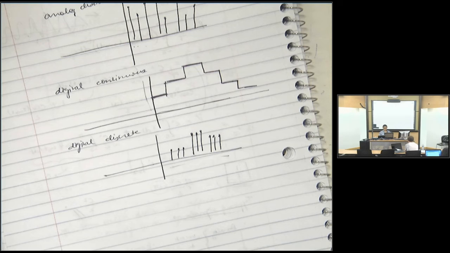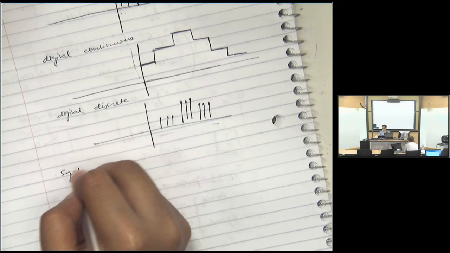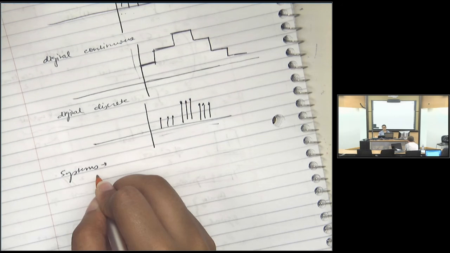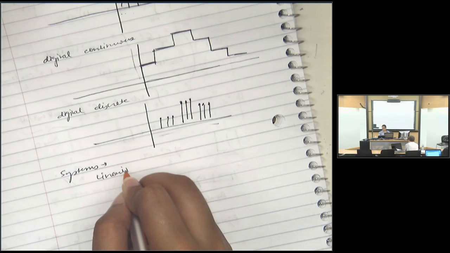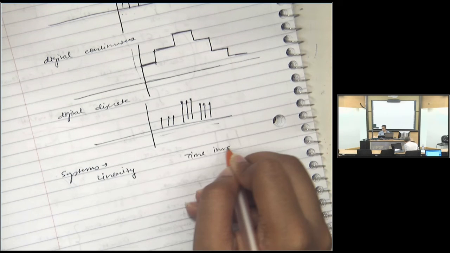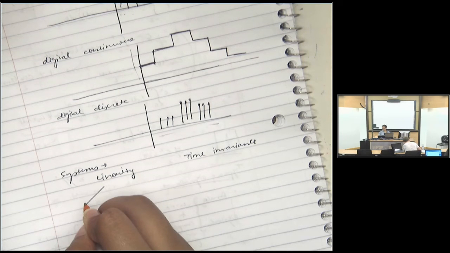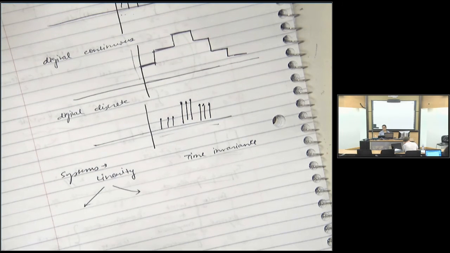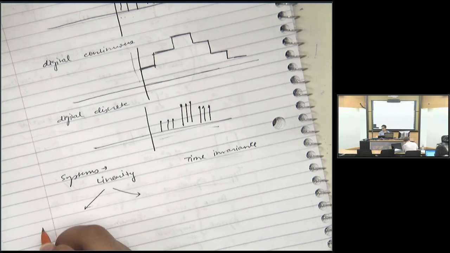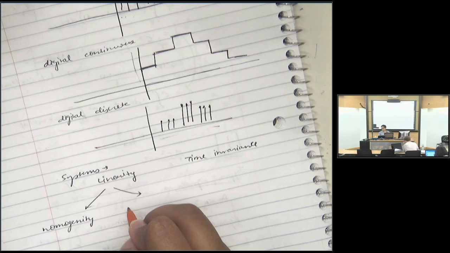Going through the systems perspective, two important conditions that we need to test in this course are linearity and time invariance. For linearity, two conditions need to be satisfied. One is homogeneity and the other is the additive property.